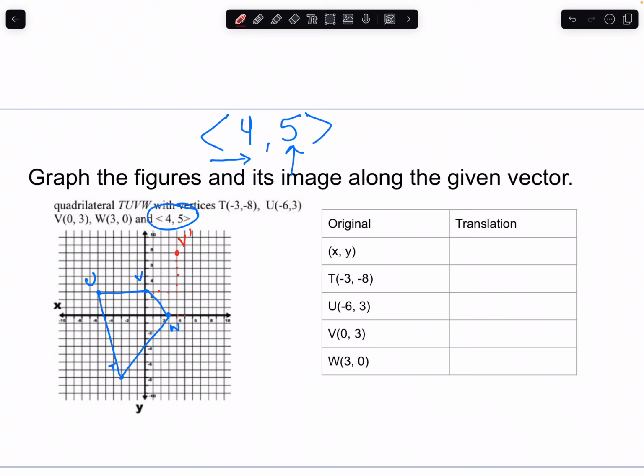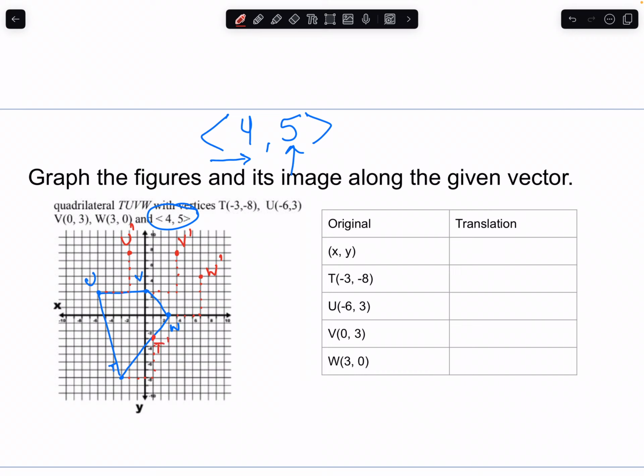W goes 1, 2, 3, 4 to the right. 1, 2, 3, 4, 5 units up. That's W prime. With U, 1, 2, 3, 4 to the right. 1, 2, 3, 4, 5. Here I have U prime. And then T prime would be 1, 2, 3, 4. 1, 2, 3, 4, 5. This is T prime.